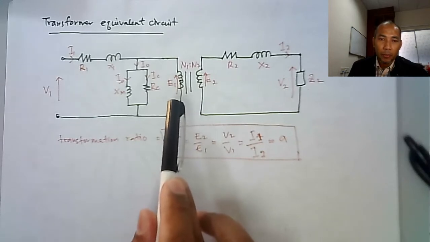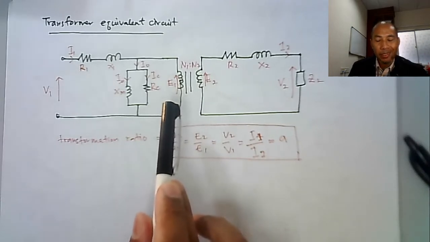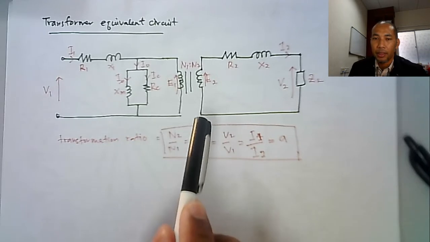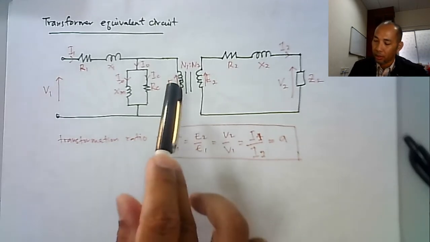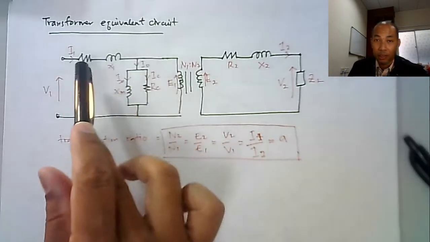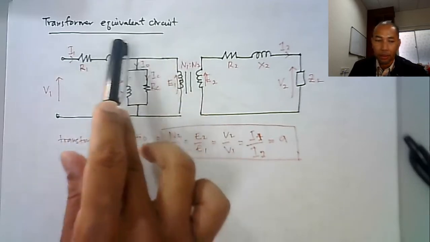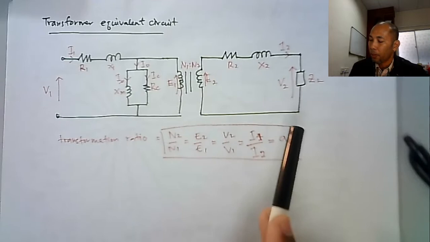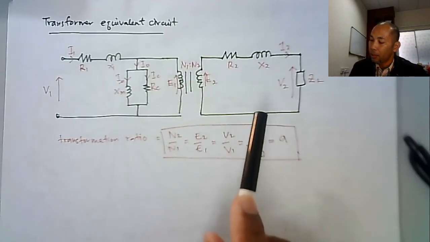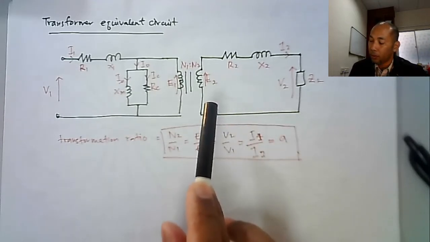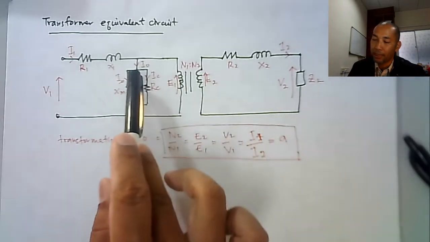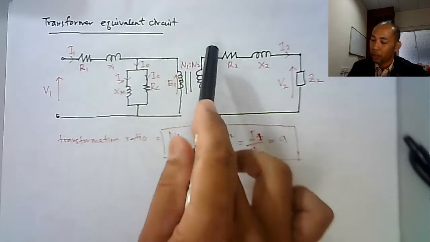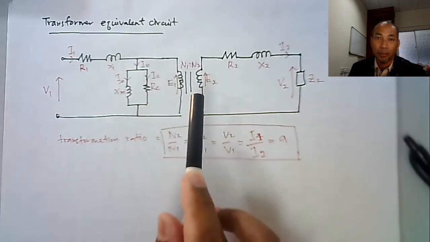If we want to do circuit analysis, it's very difficult because the circuit consists of two isolated circuits, primary and secondary. So it's easier if we can combine the primary and secondary together, so we can remove this isolation.